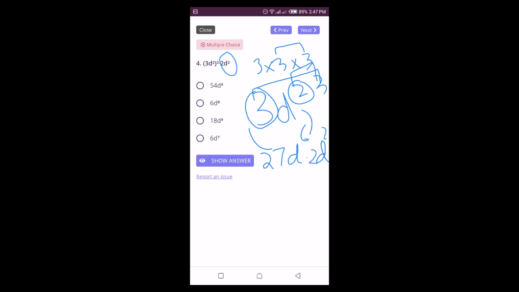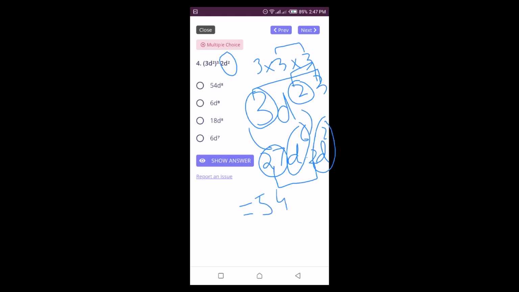Now exponents are supposed to be added and the constants are supposed to be multiplied. So 27 will be multiplied with the constant 2. 27 twos are 54.